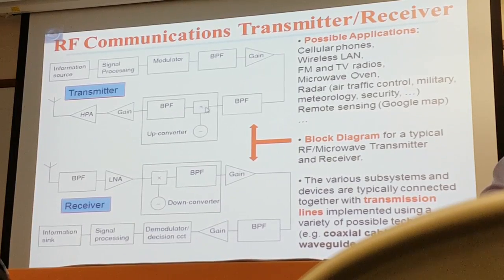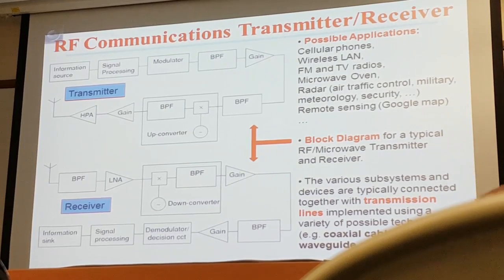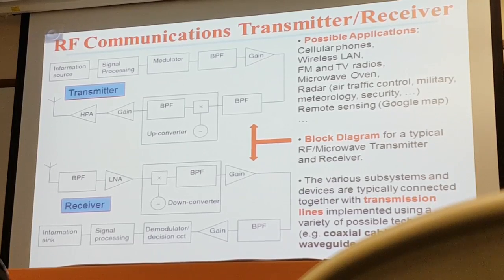First, we will introduce in this module the specifications. Although later I will explain how to design this, typically for those very common frequency bands, you just purchase the commercially available component.